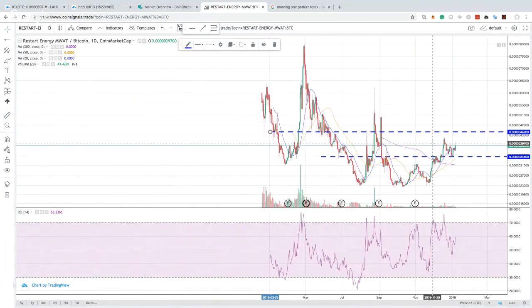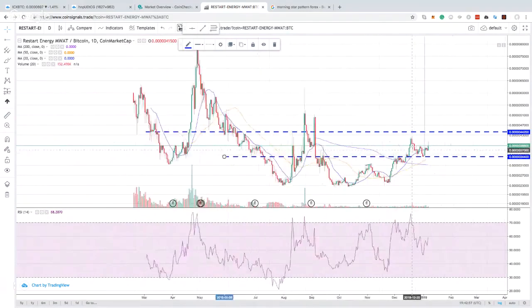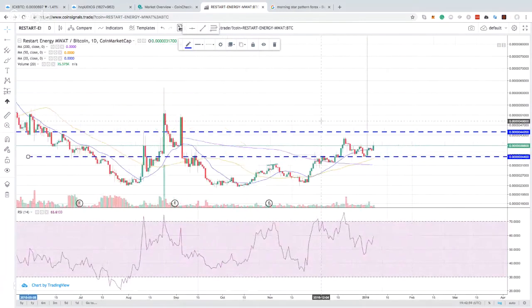But this one, I would hold at least 1 month with a stop loss below this line. The risk reward is not good right now, but if you buy at these prices, I like the project. This one could be a good investment in the long term.